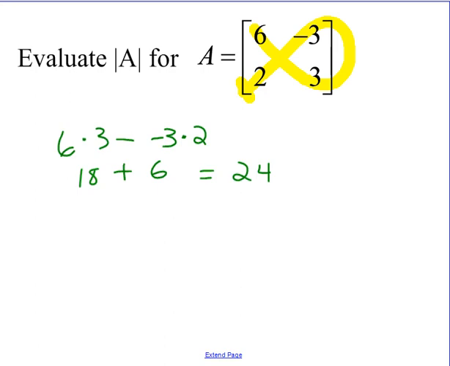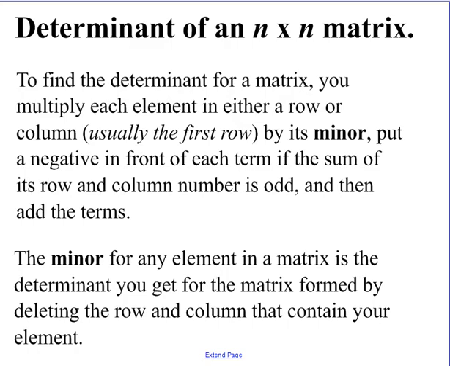Fairly simple. When we get bigger, the other thing is determinants only work on what are called square matrices, basically where your number of rows and columns are the same. So a 2 by 2, a 3 by 3, a 4 by 4, a 5 by 5. And in general, and I know this is sort of a lot of words, but I think it'll be easier once I actually do it with numbers.